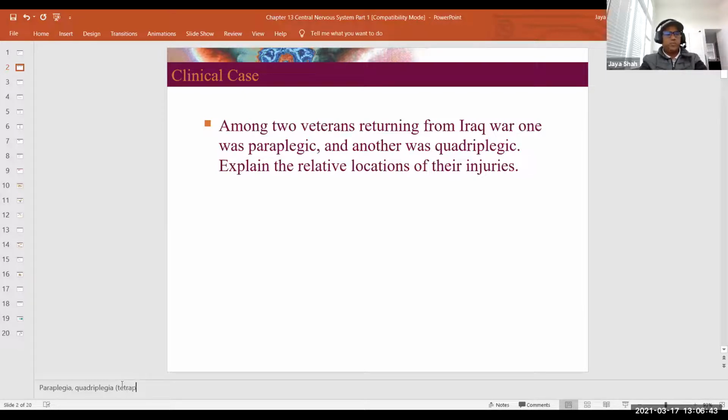Tetra means 4. So terminology: tetraplegia, hemiparesis, and hemiplegia.